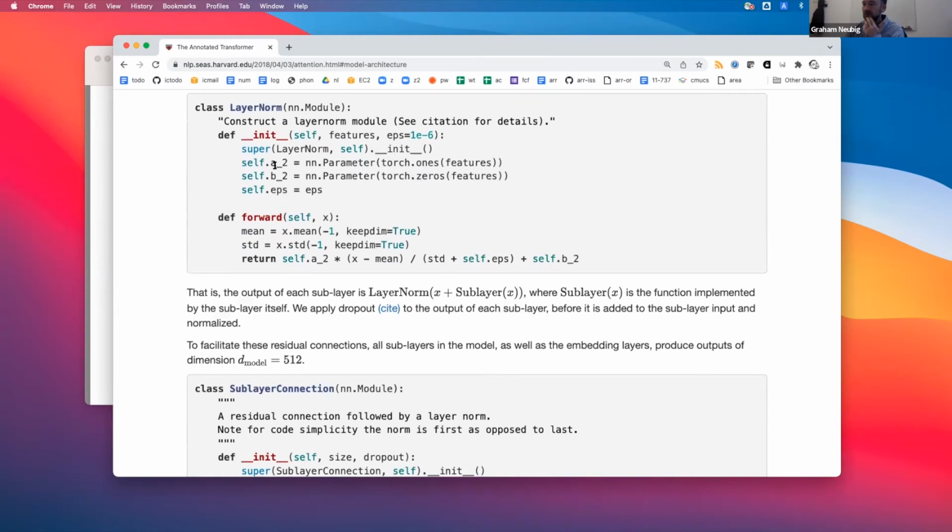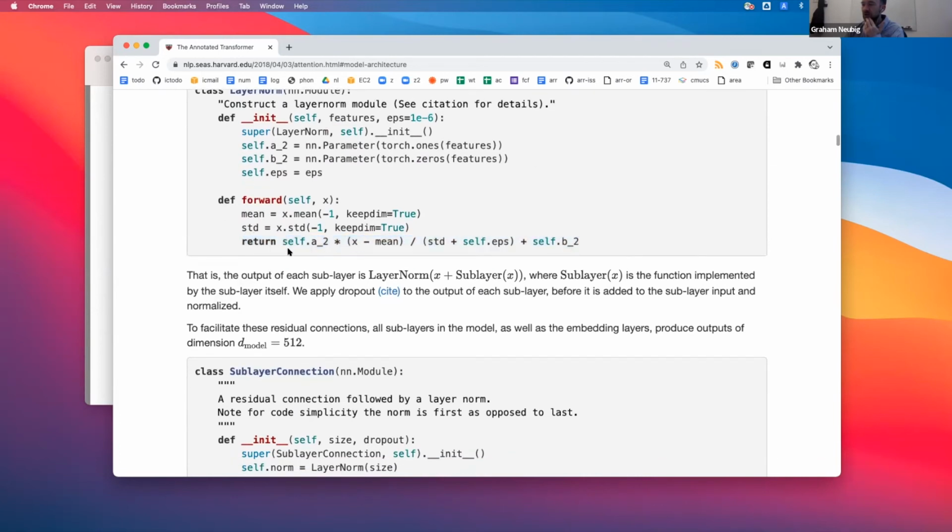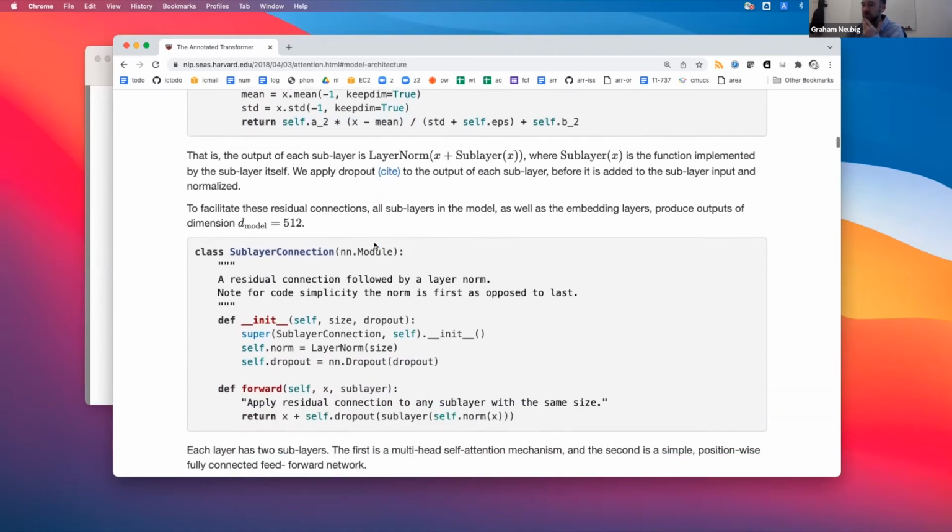And the layer norm, what this does is it attempts to normalize. I mentioned we're trying to set the mean close to 0 and the variance close to 1. So you can see that that's kind of doing that here.